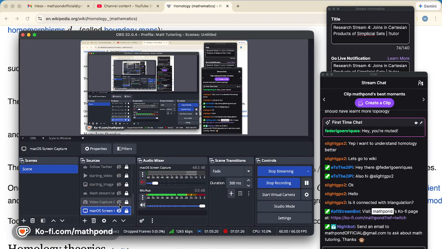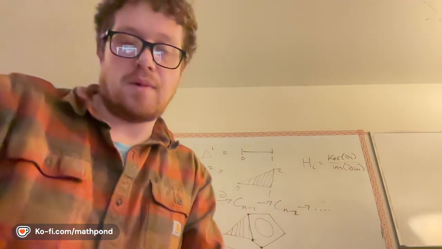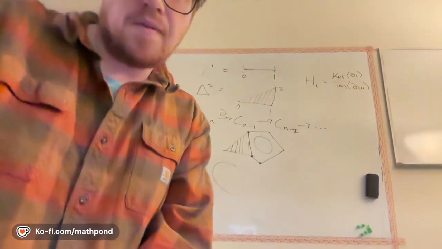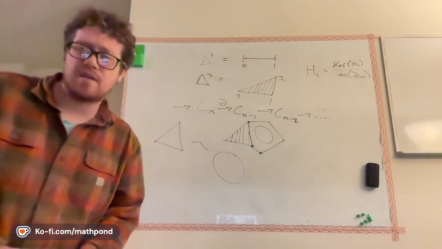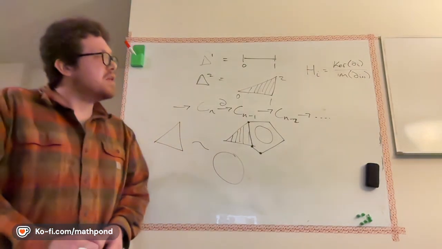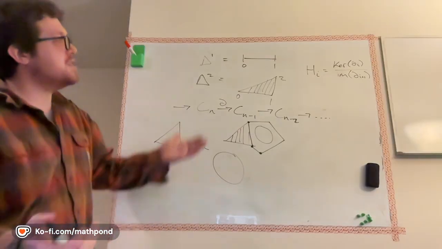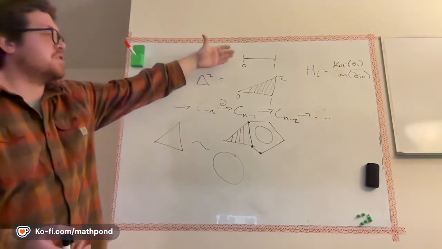Okay, so hopefully you liked that quick little introduction to homology. Do you have any more questions I can answer? I think that's probably like a quick 10-20 minute introduction to homology. You have these spaces you can build from these n-dimensional triangles.